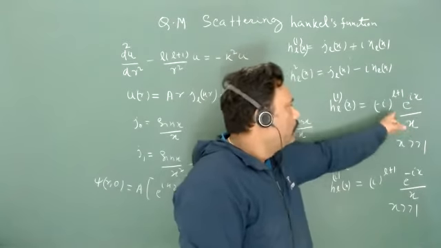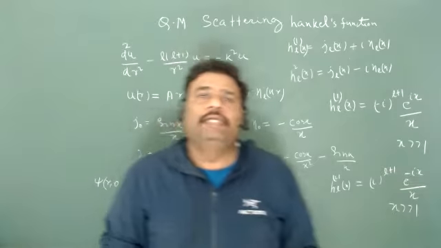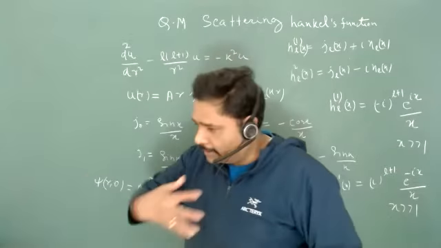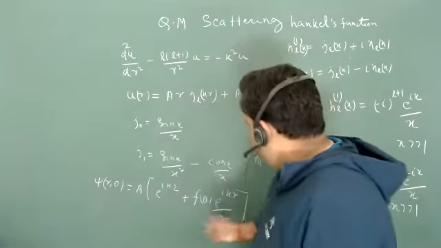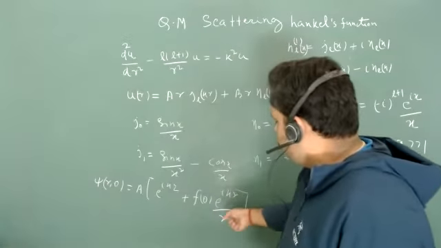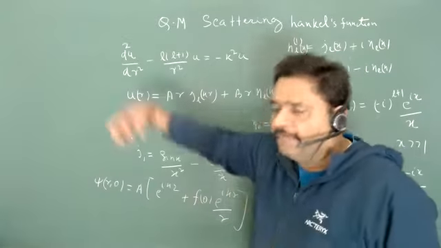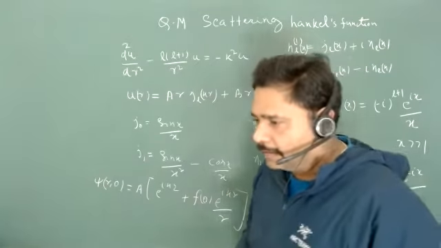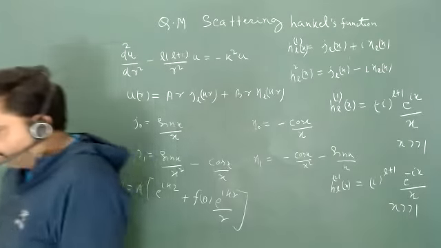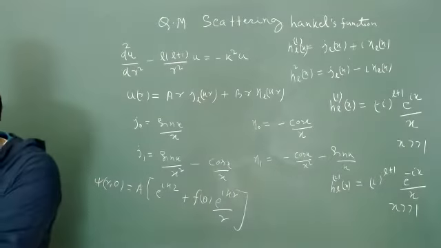So we have to take the solution which will be the type 1 Hankel function, because it will just behave like this particular function at very large values of r. Comfortable up to this?